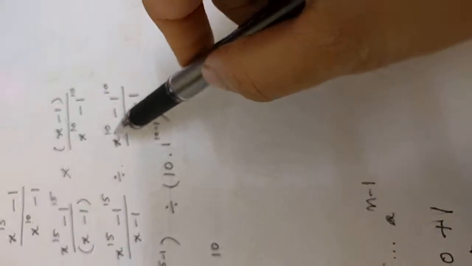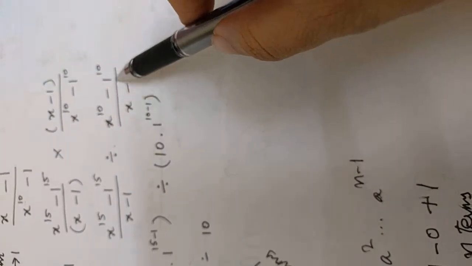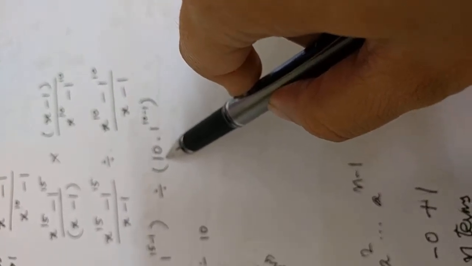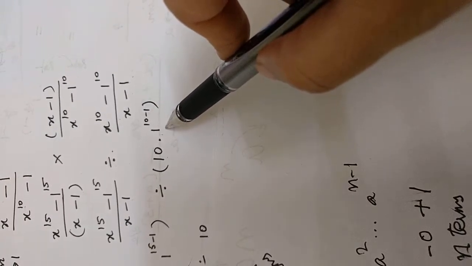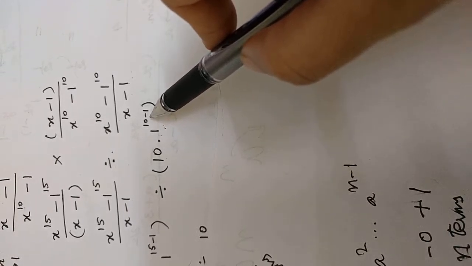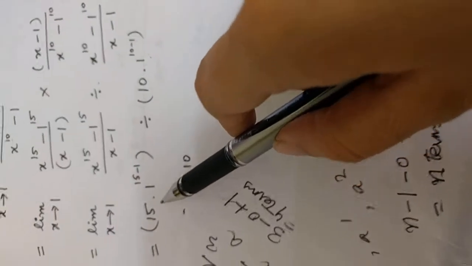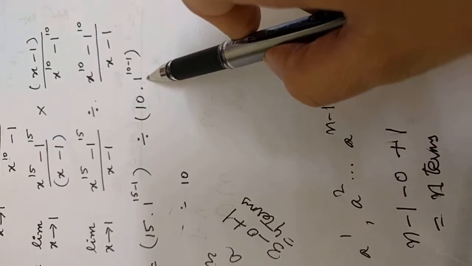Similarly, x to the power n minus a to the power n upon x minus a equals to n, that is 10, into a, that is 1, to the power of n minus 1. So this is 15 divided by 10, that is 1.5.